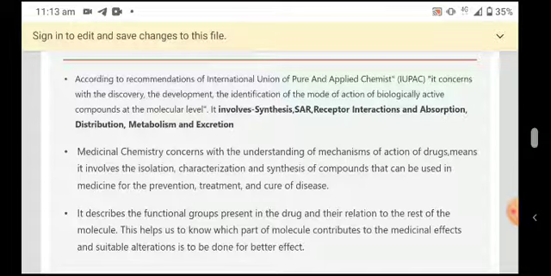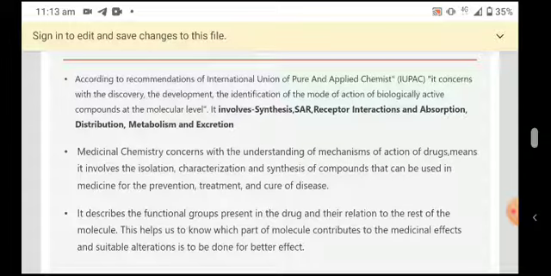As I told, it provides information regarding the mode of action, especially of biologically active compounds, with their discovery, development and identification. It involves synthesis, structure activity relationship, receptor interactions and absorption, distribution, metabolism and excretion.